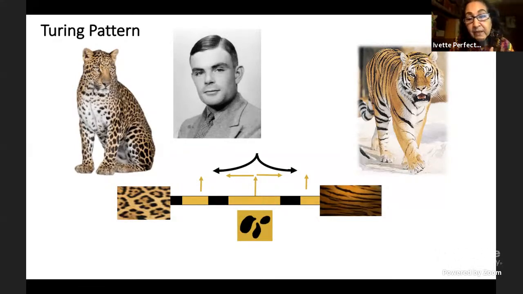And so it's a really interesting way to look at pattern formation, no? And it's this combination of this diffusive instability that Turing talked about.